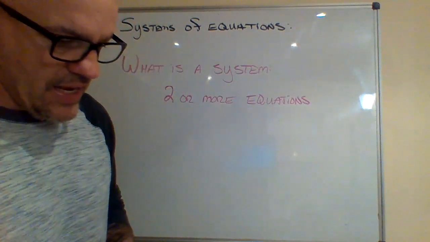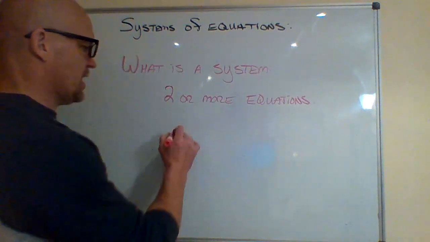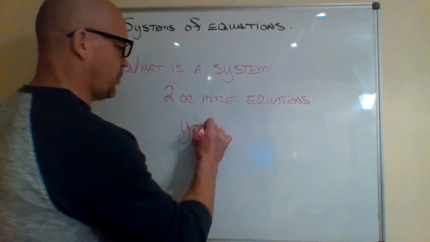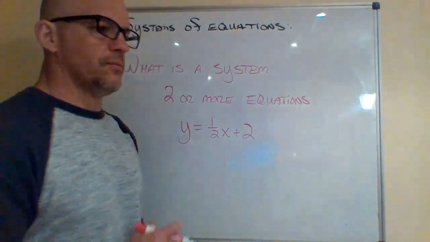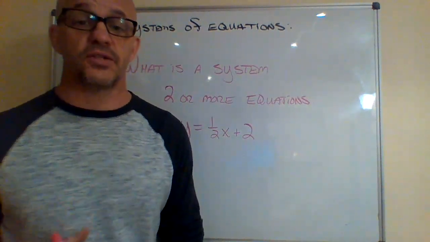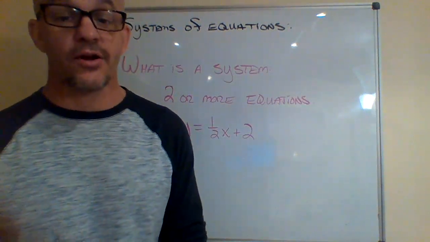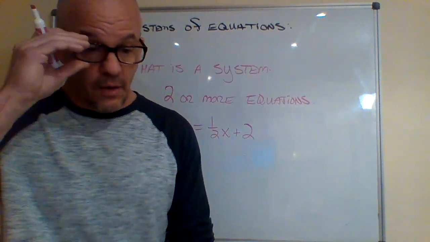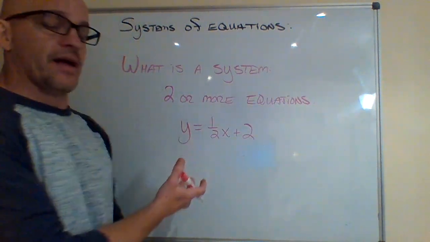Now, let's refresh your memories about something. If we take an equation such as y equals 1/2 x plus 2, we've spent a lot of time with linear equations and we spent a lot of time graphing them. So my question to you would be, why do we graph them? Of course, I can't hear you, but I'm hoping that you said, well, Mr. Goodman, the purpose of graphing them is that we know that there is an infinite amount of solutions.